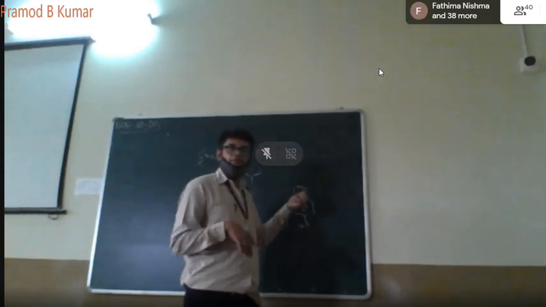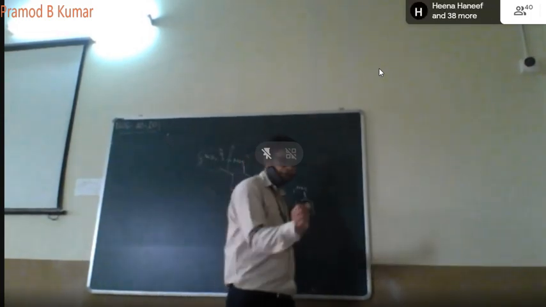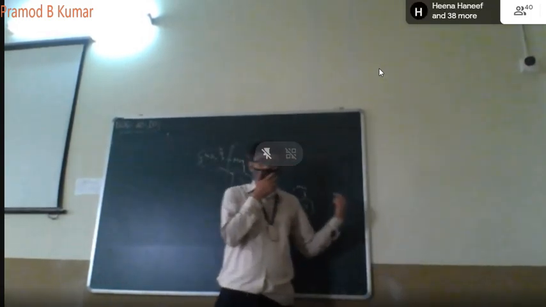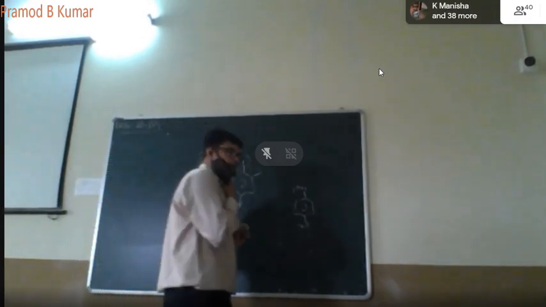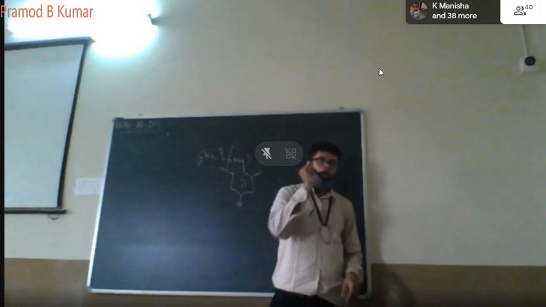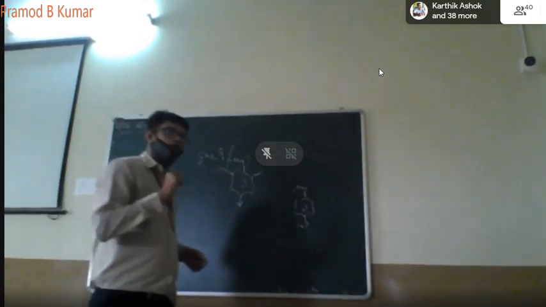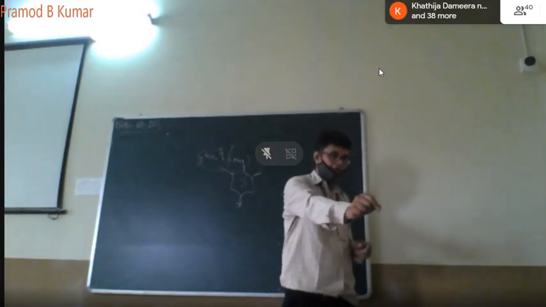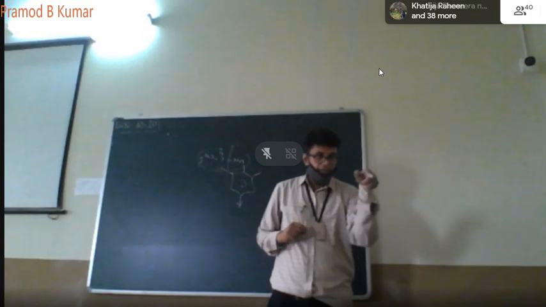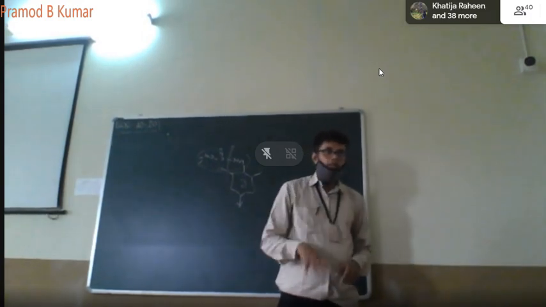What is this an example of? It's an electrophilic aromatic substitution reaction. So if they ask you for an example of electrophilic aromatic substitution with an activator, you should know which reaction you have to answer in the viva or in the exam.